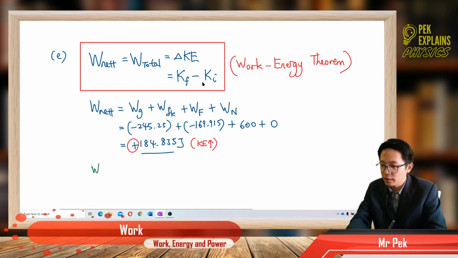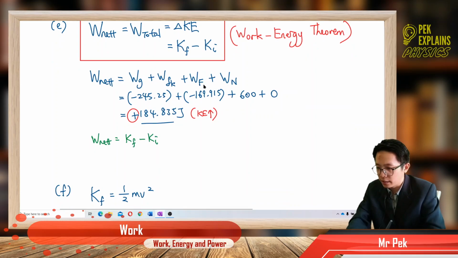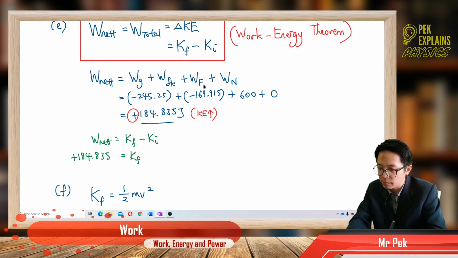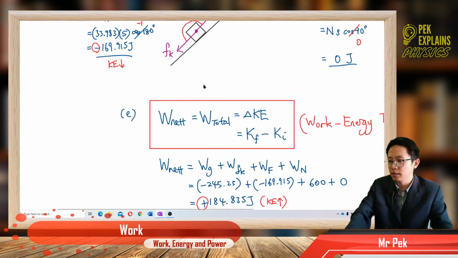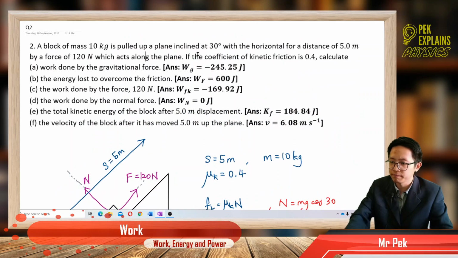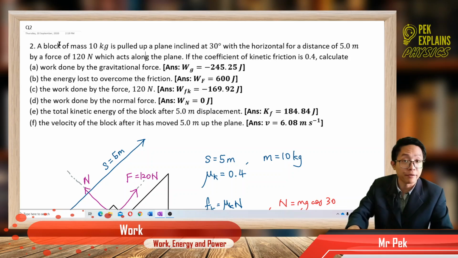The net work done equals final kinetic minus initial kinetic. Substituting back, 184.835 equals the final kinetic minus the initial kinetic energy.